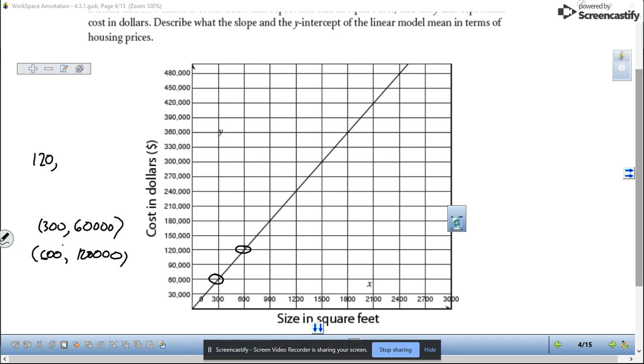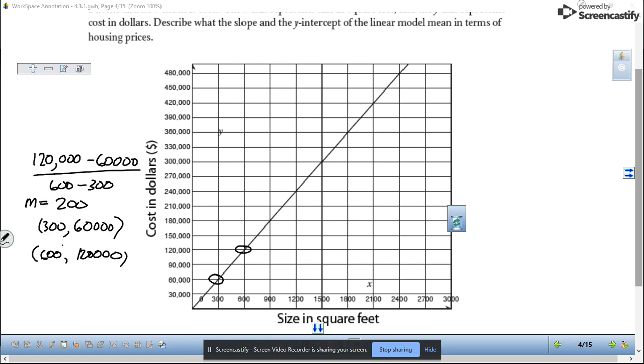That means 120,000 minus 60,000 over 600 minus 300, which gives us a slope, m. That'd be 60,000 divided by 300, okay, which is 200. So that is your slope.